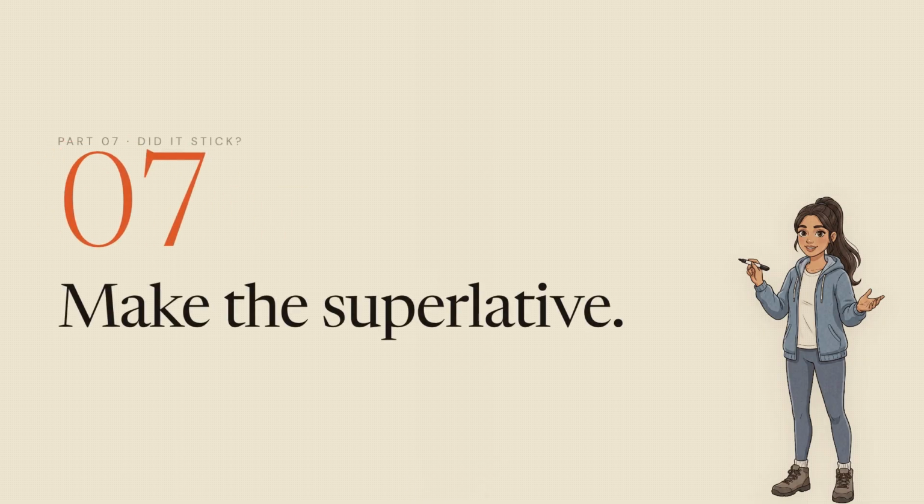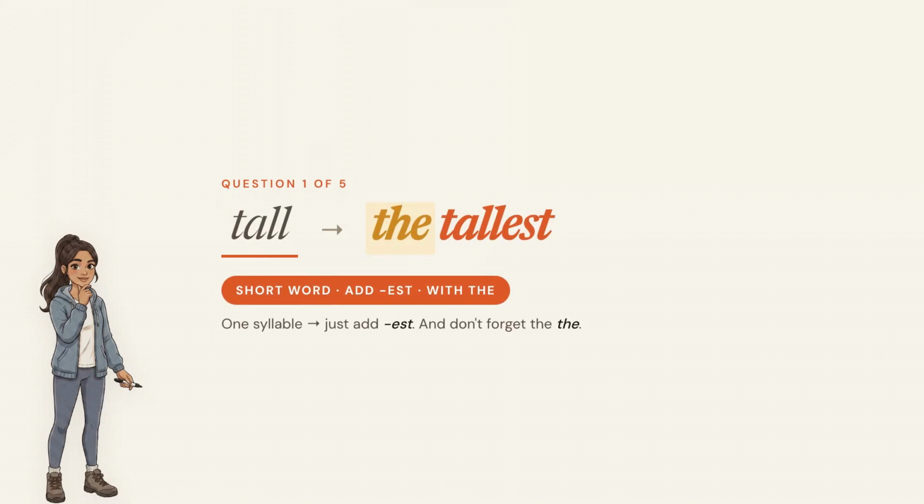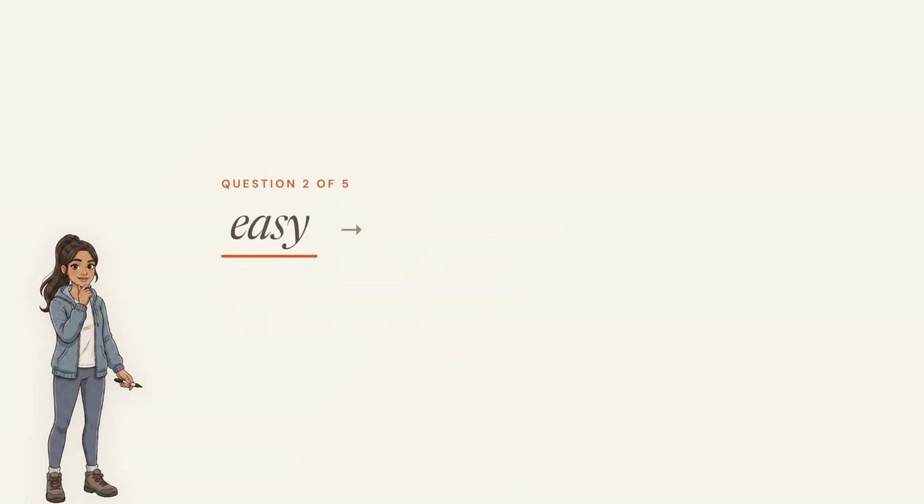Practice time. I will give you the word. You make the superlative out loud before the answer. I will give you time to think. If you need more time, pause the video. Tall. The tallest. Don't forget the. Easy.